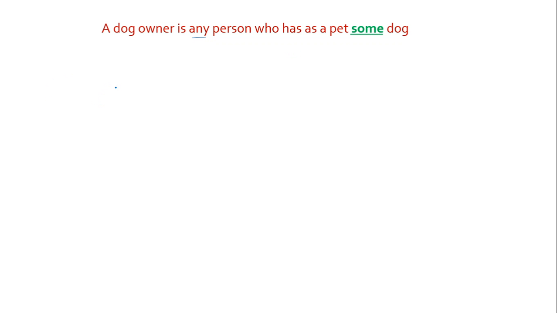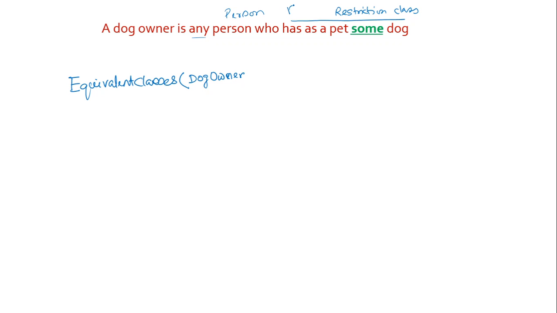So again, how do you model this? Equivalent classes. Dog owner is the class which we are trying to define, and it will be an intersection of person and the other property. This will be represented using one restriction class, and it will be taking the intersection of these two.